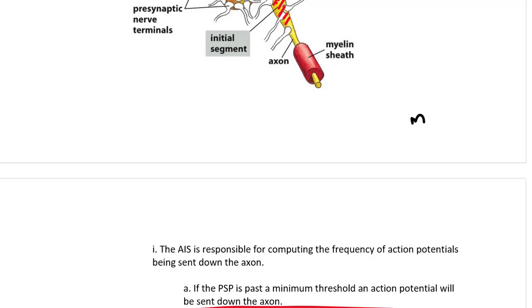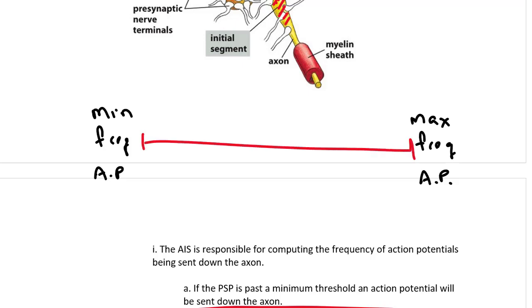So we have max frequency of action potential firing, but there's also a minimum frequency, meaning that this is the slowest it can fire action potentials. Okay? And you have all this space in between. So the signals coming in to the soma and the dendrites could lead to an action potential being at minimum or maximum or anywhere in between.